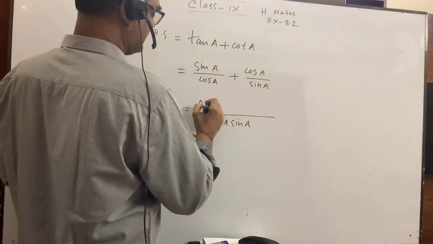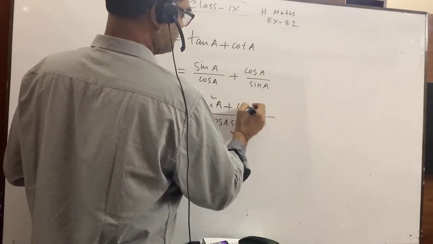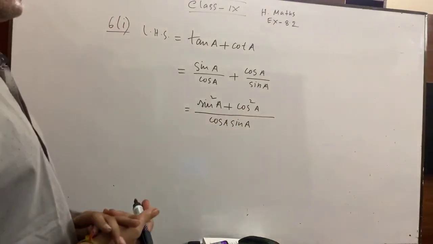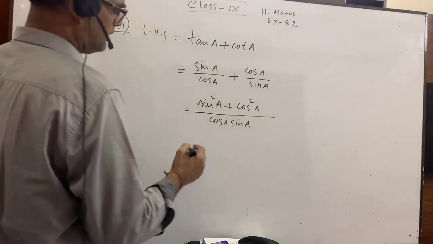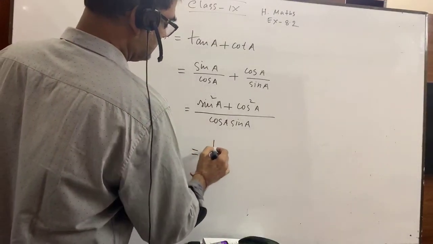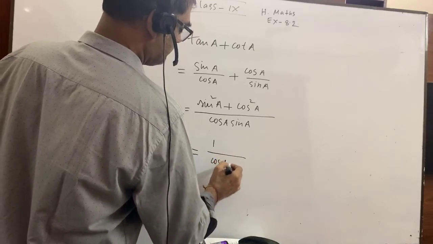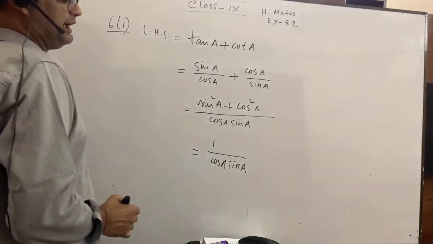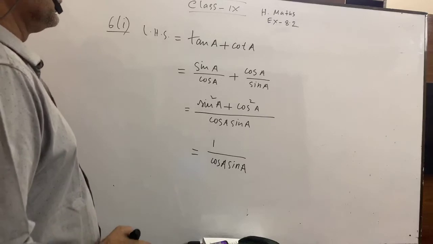So it is sin square A plus cos square A. And you all know the trigonometric identity that sin square A plus cos square A equals to what? 1, right? It is the trigonometric identity. Cos A sin A. I have just used the identity.